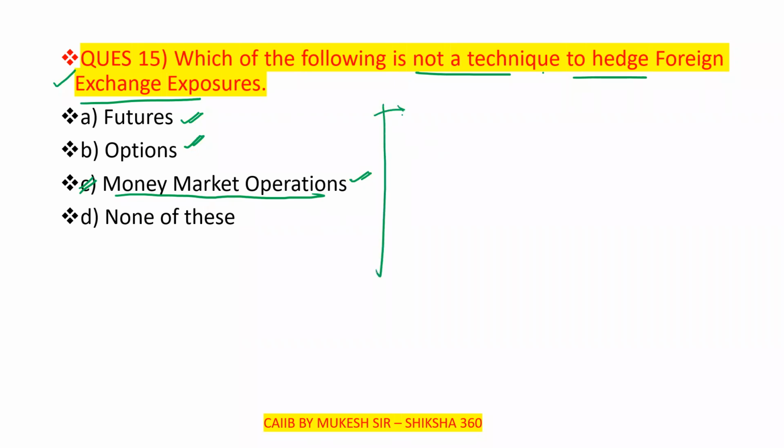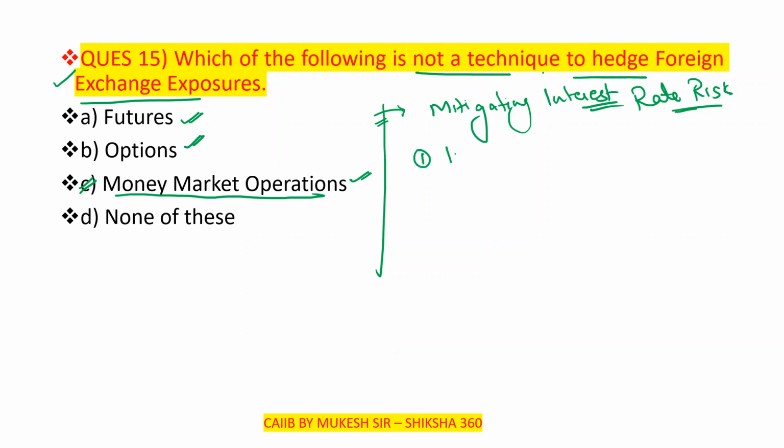Along with that, I have one more question: which techniques are used for mitigating interest rate risk? First, interest rate swaps.